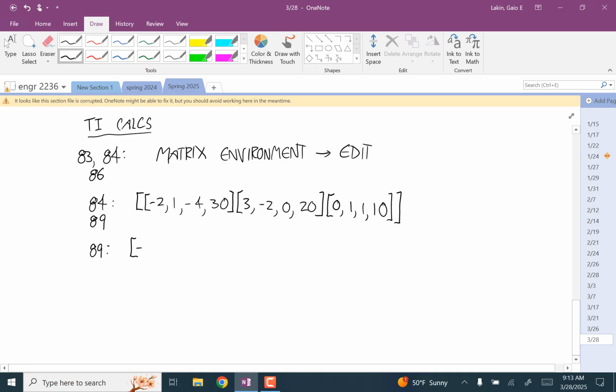So you can do this as -2, 1, -4, 30, semicolon. 3, -2, 0, 20, semicolon. 0, 1, 1, 10, close matrix.